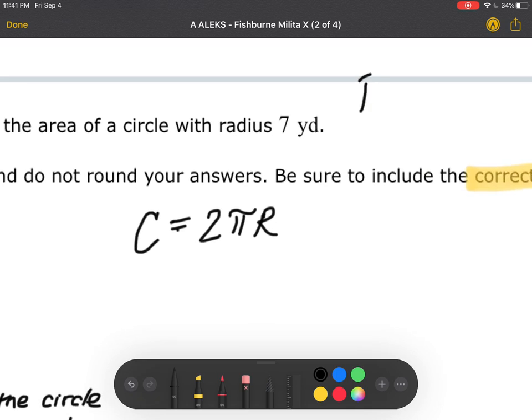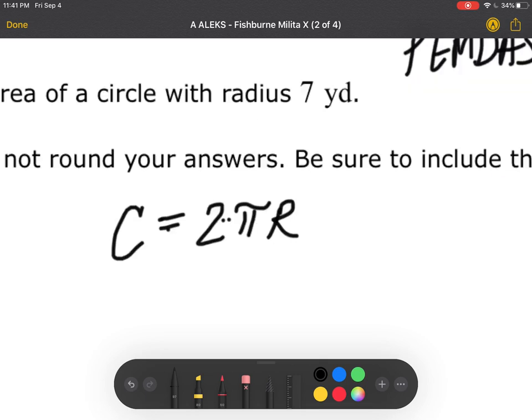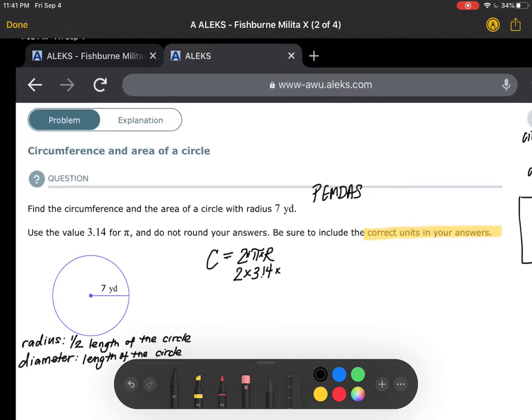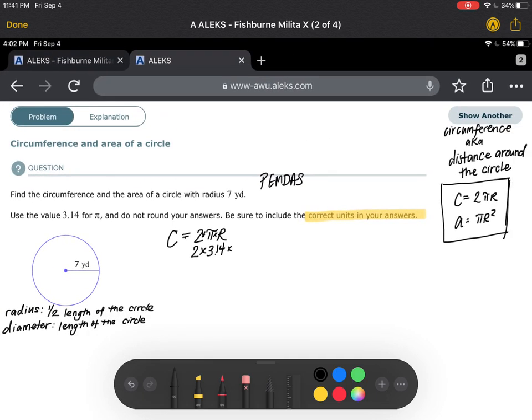So I'm just going to really quickly talk about what this means. I'm going to write a little PEMDAS up here because this comes in handy for so many things. When you look at this, you have 2 next to pi next to r. When those things are right next to each other, you are multiplying, okay? So you're multiplying 2 times 3.14 times your radius, which is 7, which is shown right here.